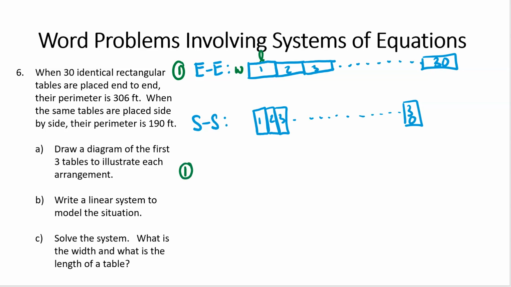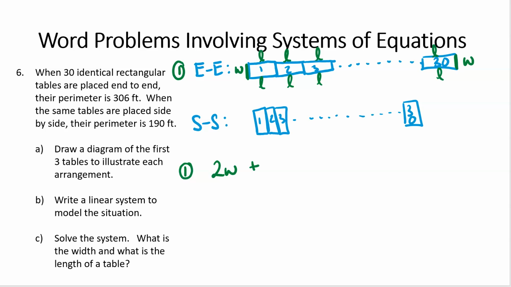If I look at equation number 1, look how many widths are going to be in my perimeter. There's going to be the width on one end, and then all the way on the other end, the width at the end of the 30th table. So my perimeter is going to be 2 widths plus how many lengths? There are lengths added up for each table, and you do that twice, on the top and the bottom.